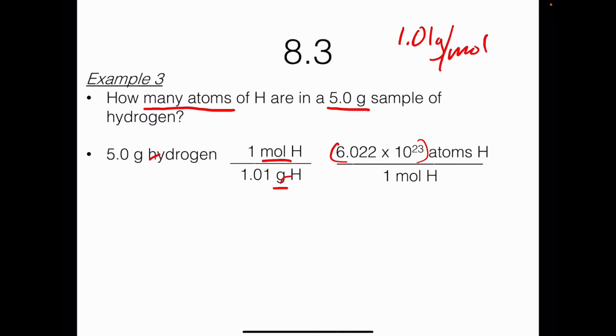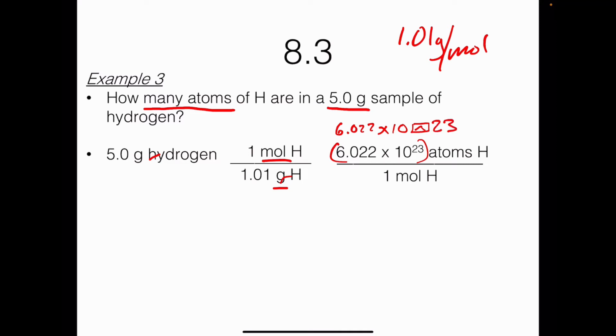calculator, depending on what type of calculator you have is going to determine how you enter it. You could do 6.022 times 10, and there's a caret button on your calculator. So you'll type 10 to the 23rd.